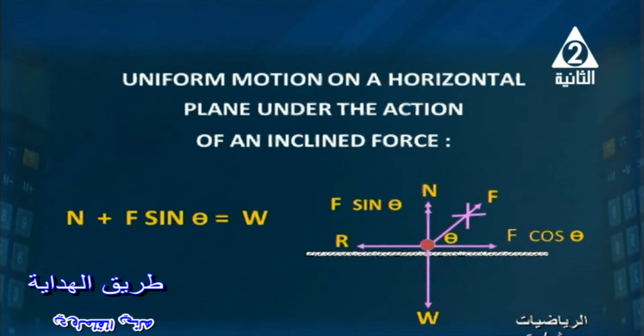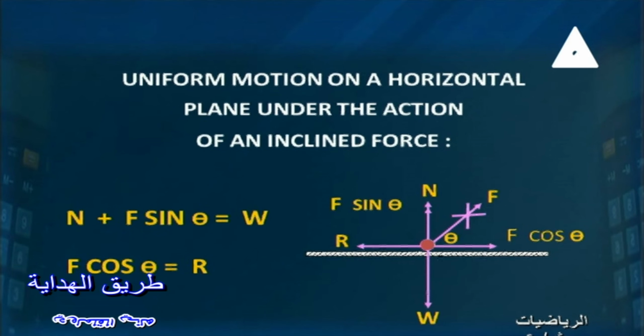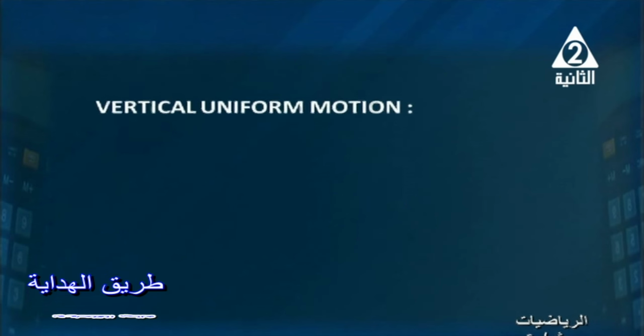N plus F sine theta equals W, and F cosine theta equals R. F cosine theta equals R, meaning the resultant equals 0, and N plus F sine theta equals W means the resultant of the forces equals 0.